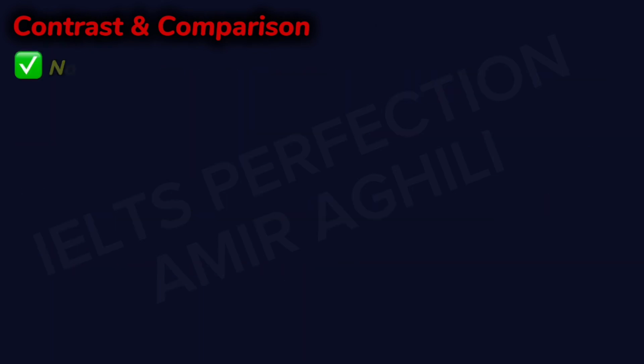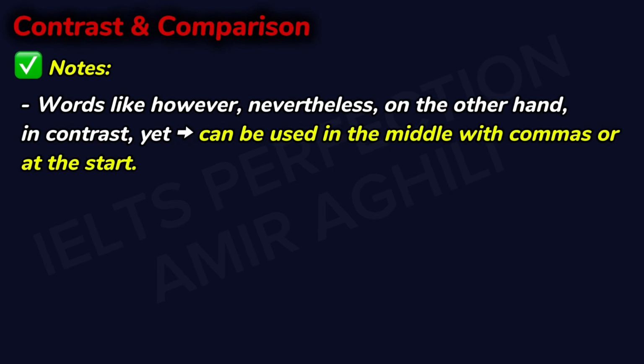There are some notes that you need to keep in mind when showing contrast and comparison. Words like however, nevertheless, on the other hand, in contrast, or yet can be used in the middle of the sentence with a comma or at the start.